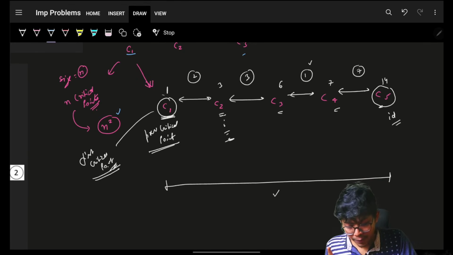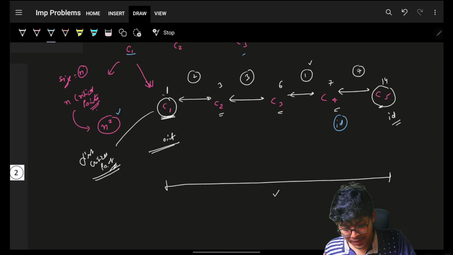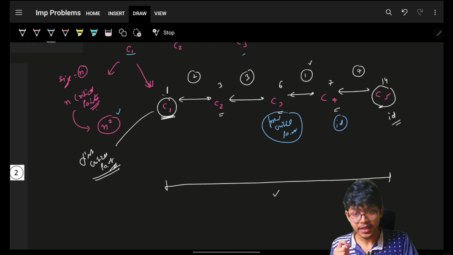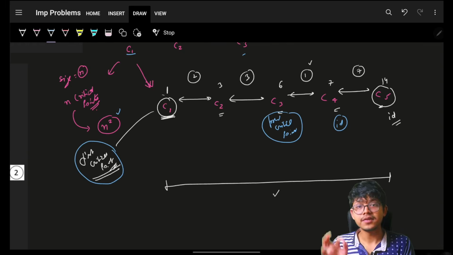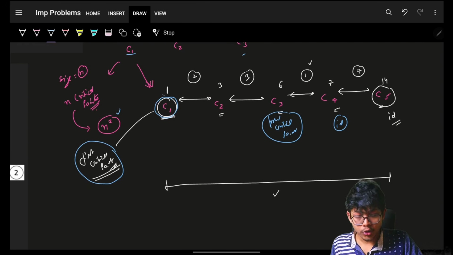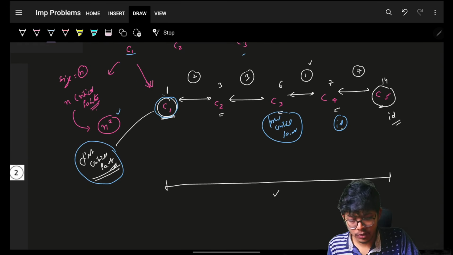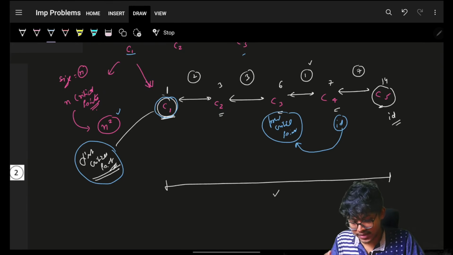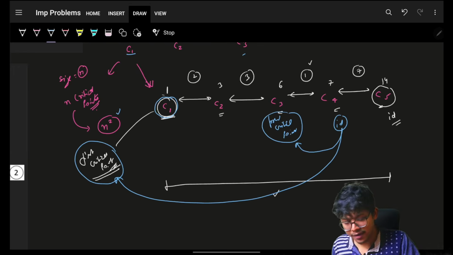No. For any specific ID, let's say ID is here, previous critical point is this. Previous critical point is this, but the first critical point will remain as it is and will point to my first critical point only. So to minimize my answer, I will be doing ID minus previous critical point. To maximize my answer, I will be doing ID minus first critical point.